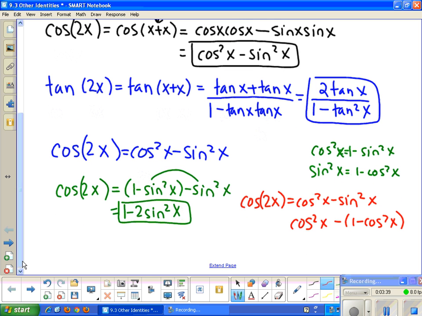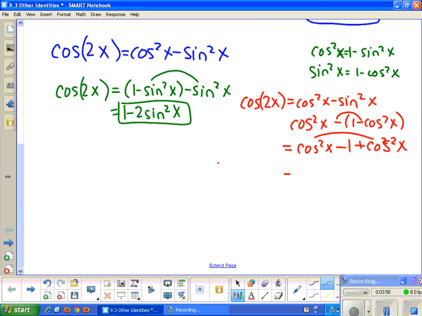So when I do that, I get that the cosine double angle other form would be cosine squared x minus 1 plus, because I'm distributing the negative, cosine squared x. Cosine squared x and cosine squared x are like terms, so that becomes equal to 2 cosine squared x minus 1.